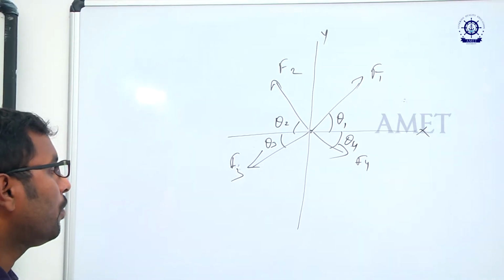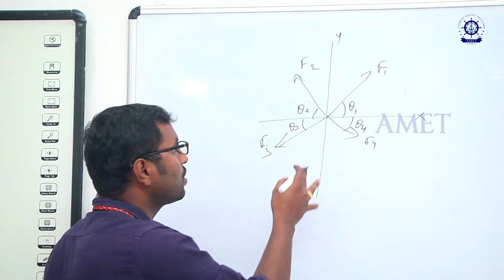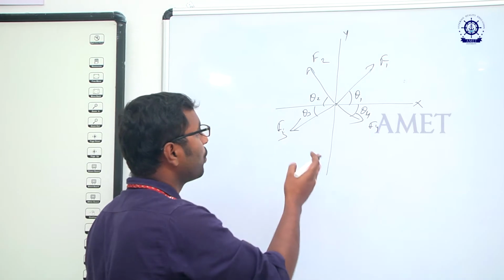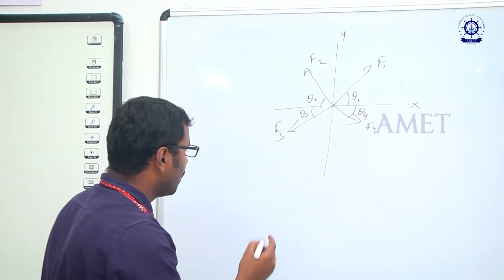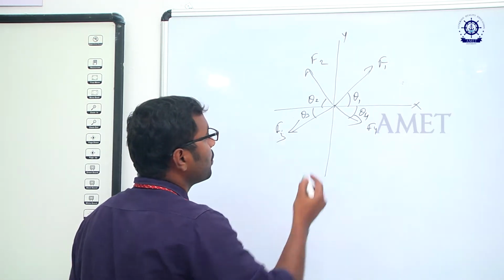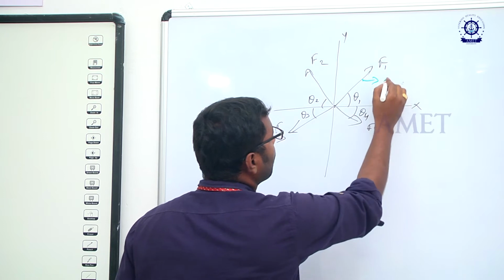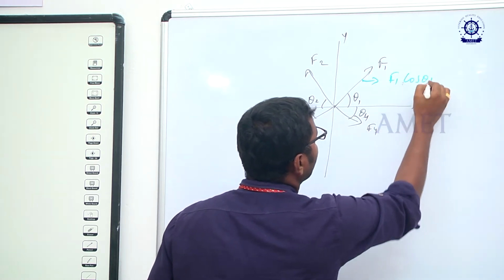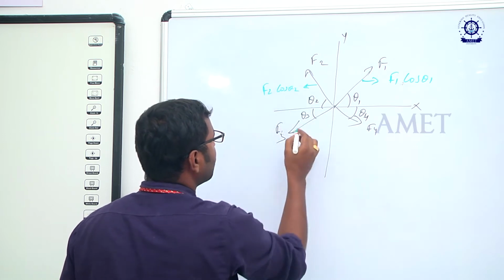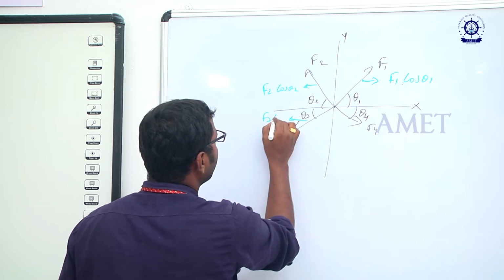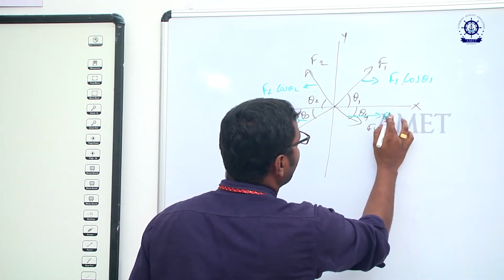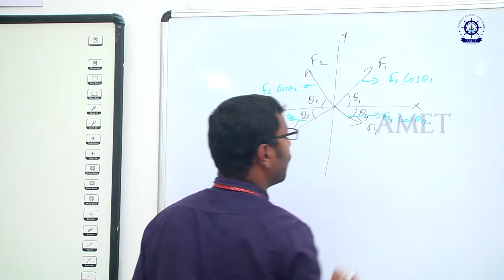In case we need to find the horizontal component of this force system, we need to find all the horizontal components for all the forces. Taking the F1 force, the horizontal component is F1 cos theta 1, here F2 cos theta 2, here F3 cos theta 3, here F4 cos theta 4.